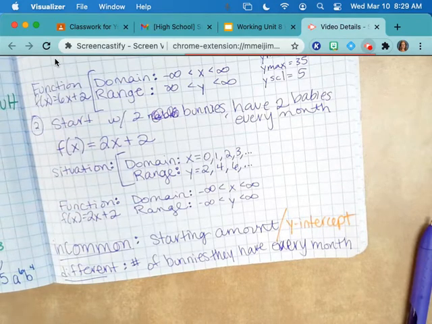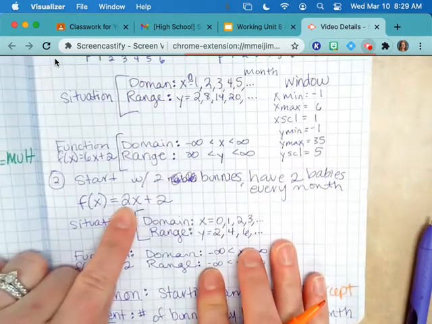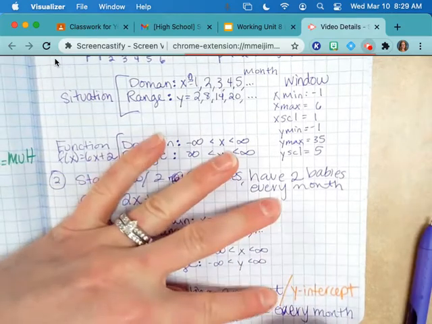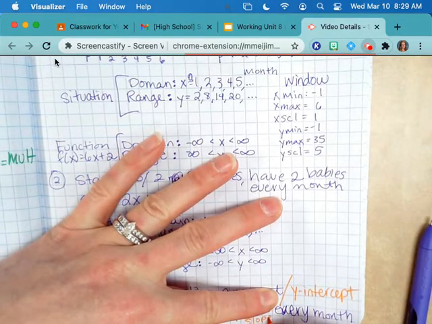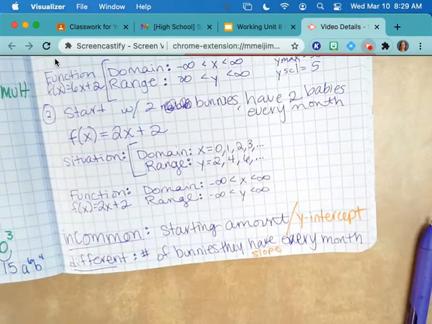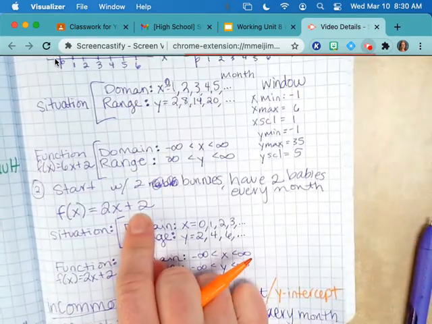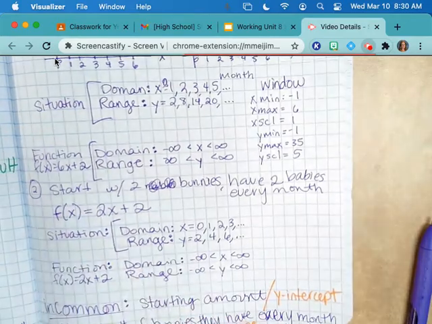And Rainy, where do you see number of bunnies they have every month in the function rule? So wouldn't that be the x? The number in front of x. Then the slope? Yep, which is what Bree said a minute ago, too. Okay. All right. So with linear, we know that the starting amount is our y-intercept. The rate is found with our slope.